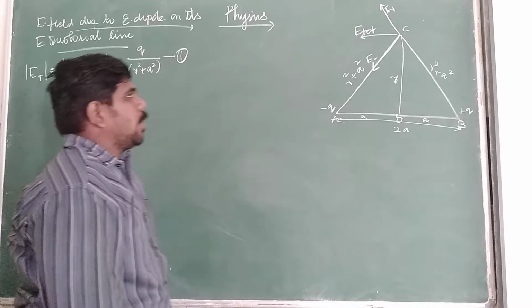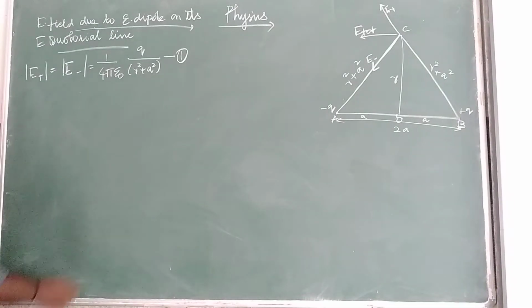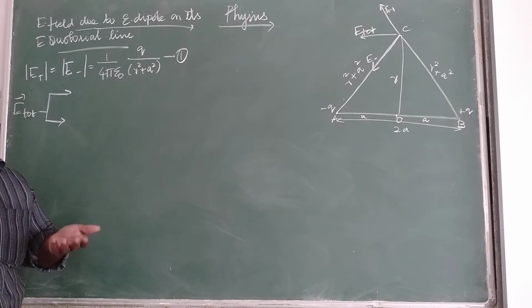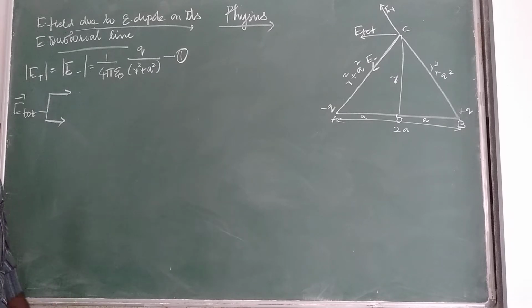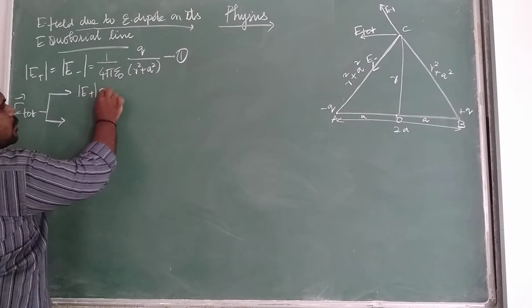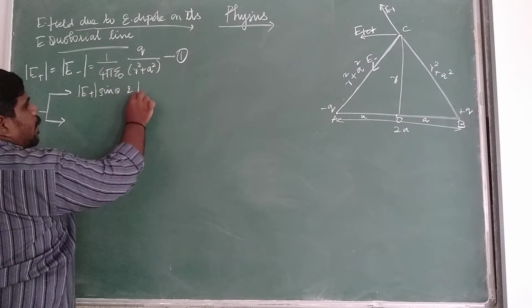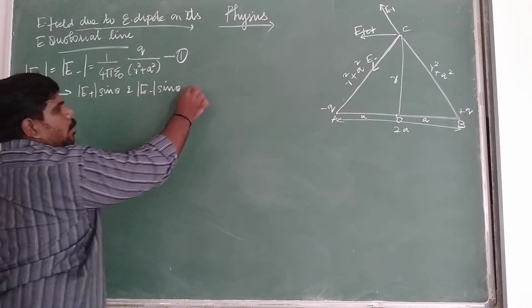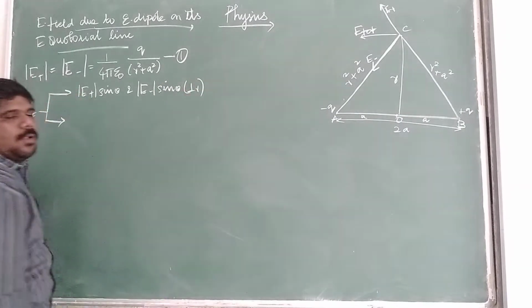Here the total electric field will be resolved into two components. One is a sine component, that means the perpendicular component. The other one is a cos component, which is called the parallel component, right? E plus sine theta and E minus sine theta will be the perpendicular components.